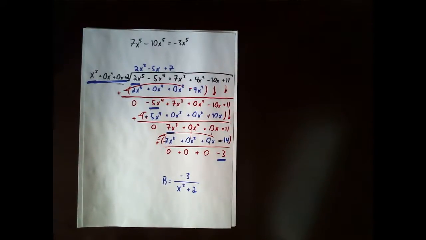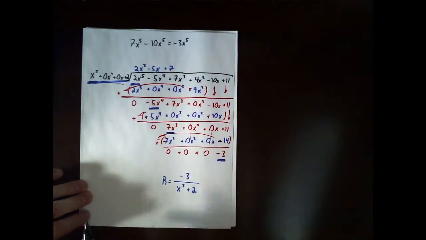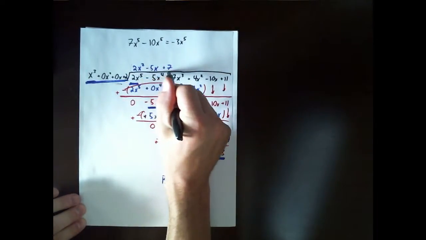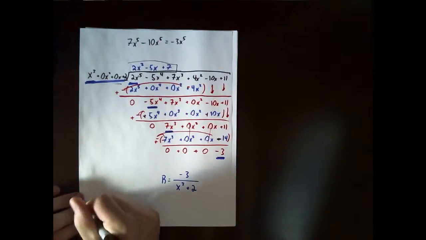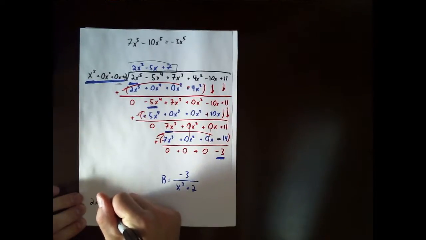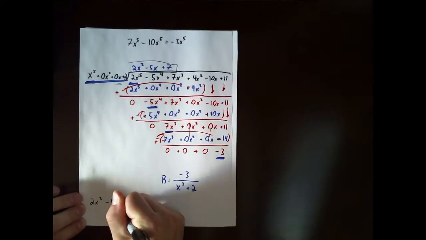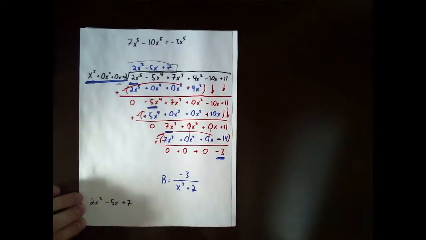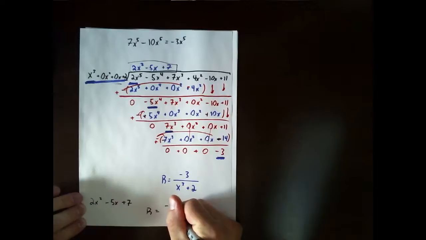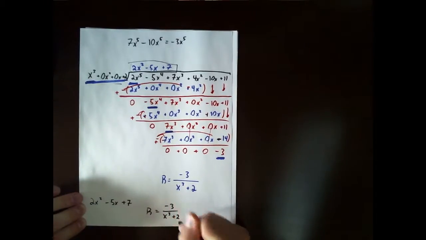So just to make this extra clear, our quotient is going to be this number that we found up top here. So it's going to be 2x squared minus 5x plus 7, and we're going to have a remainder that's equal to negative 3 divided by x cubed plus 2.